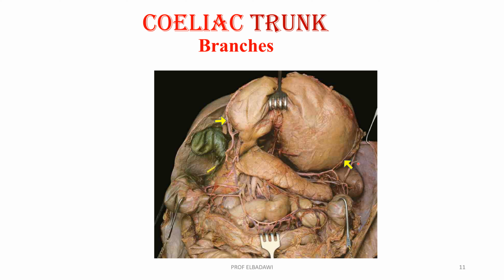Reaching the greater curvature will be along the gastrosplenic ligament with the short gastric, and then along the greater curvature between the two layers of the greater omentum.